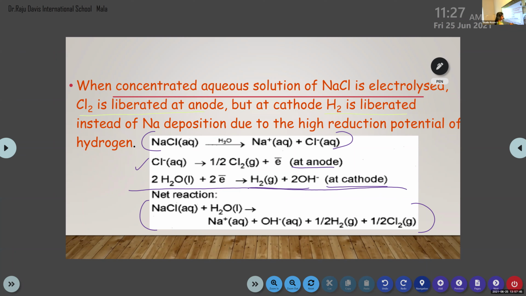So this hydrogen is deposited at cathode, and this chlorine is liberated at anode.